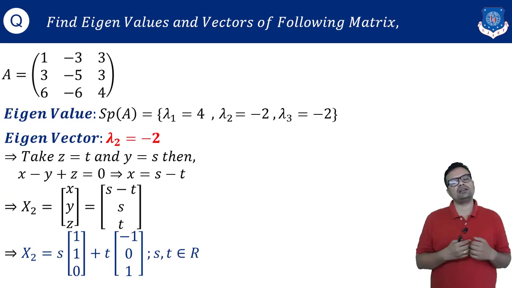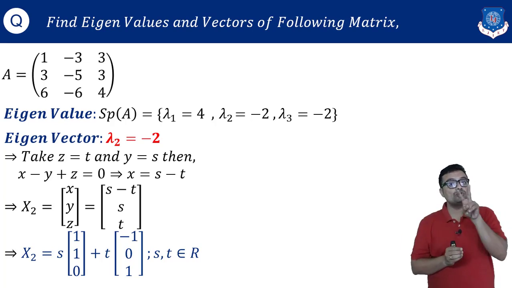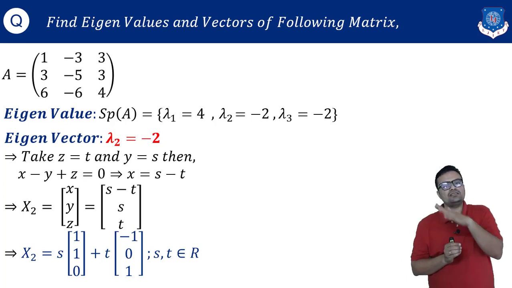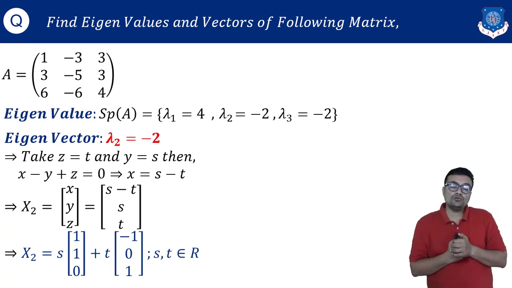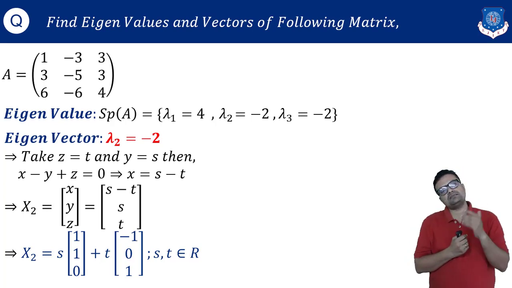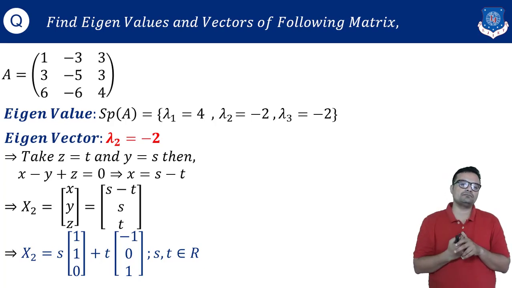S and t both are free. Now look at this particular moment. We have 2 vectors at last in the solution. That means geometric multiplicity is 2. And algebraic multiplicity is also 2. Algebraic multiplicity is 2 because minus 2 is repeated 2 times in the spectrum.